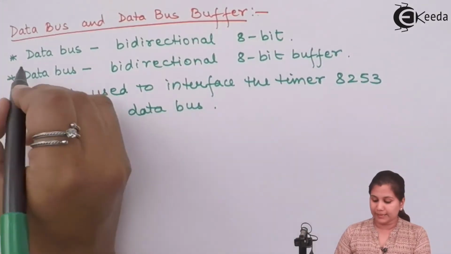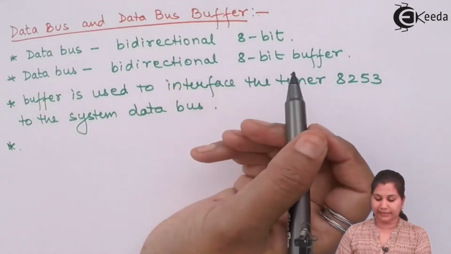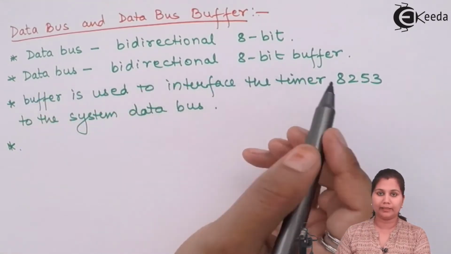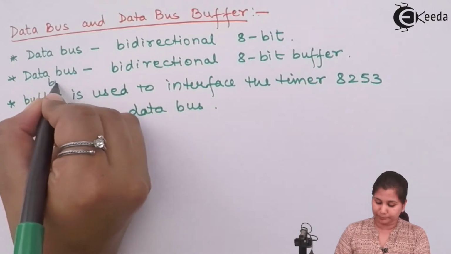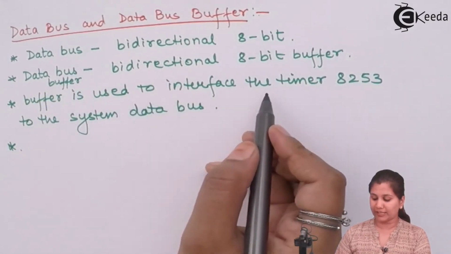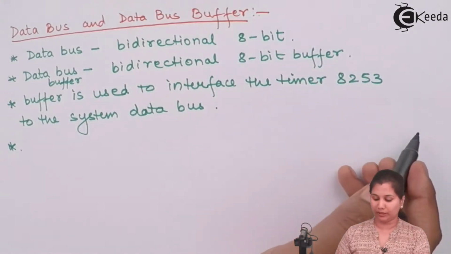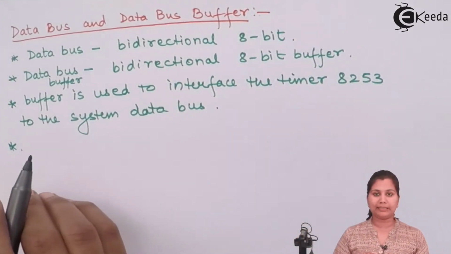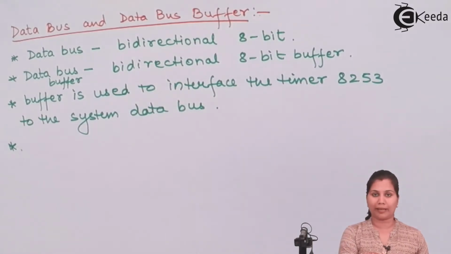The data bus is a bidirectional 8-bit data bus, and the buffer is also a bidirectional 8-bit buffer. The use of this buffer is to interface the 8253 timer with the system data bus, because the programmable interval timer is connected to the microprocessor.